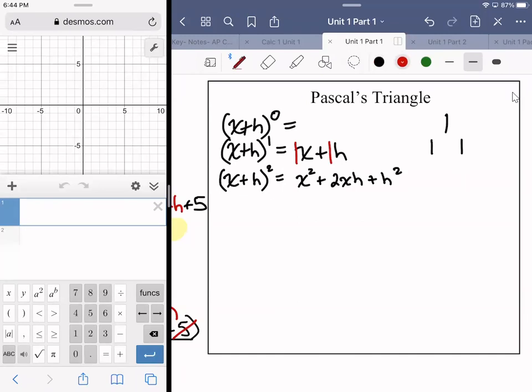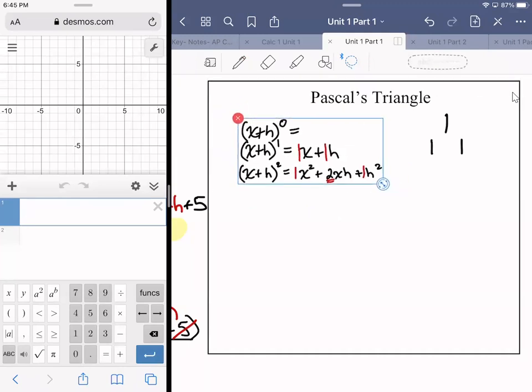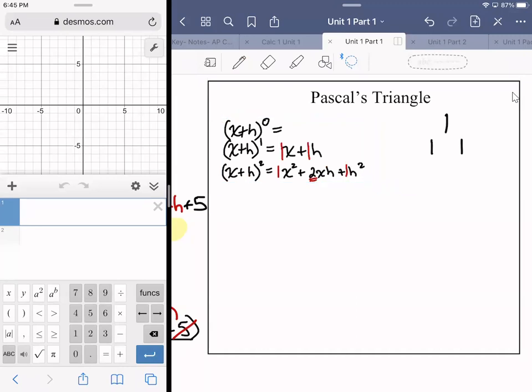The coefficients are 1, 2, and 1. So I would continue constructing my triangle by putting the numbers 1, 2, and 1. It's still in a triangular pattern, but now I can start actually recognizing a relationship.